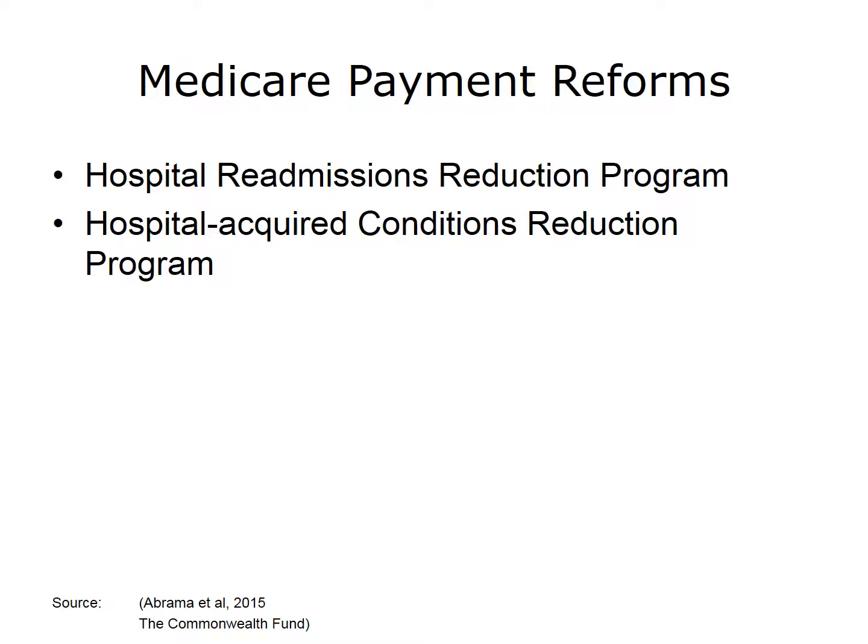The Hospital Readmissions Reduction Program reduces Medicare payments to hospitals with excess readmissions for certain conditions, such as acute myocardial infarction or pneumonia. A hospital is considered to have excess readmissions if their readmissions exceed the national average.